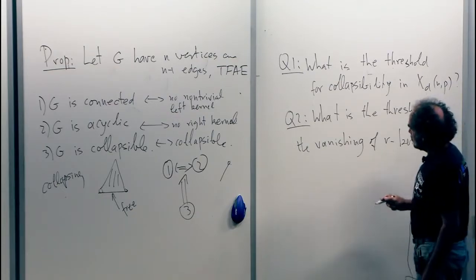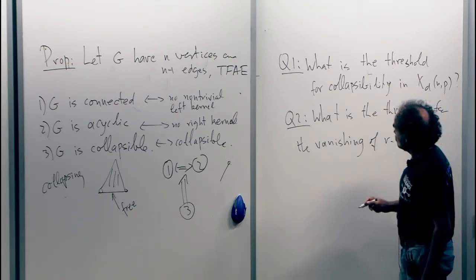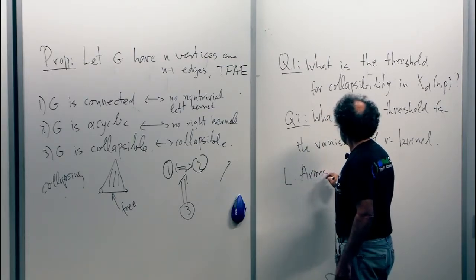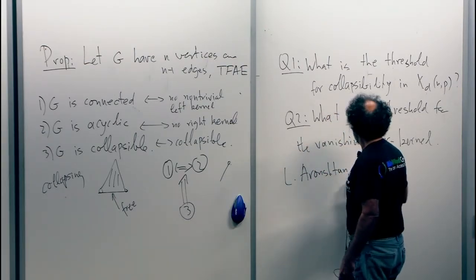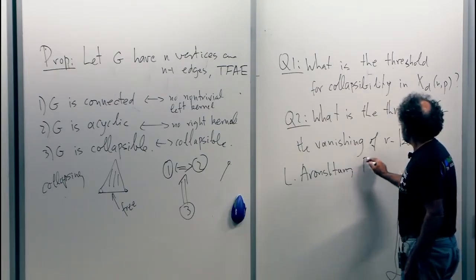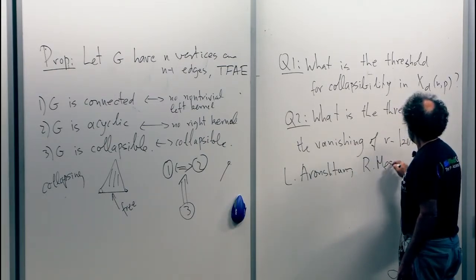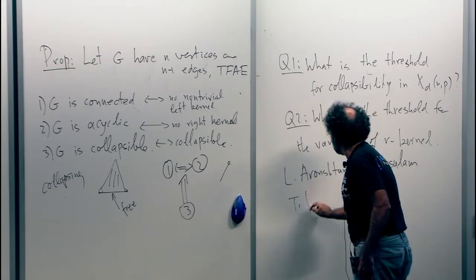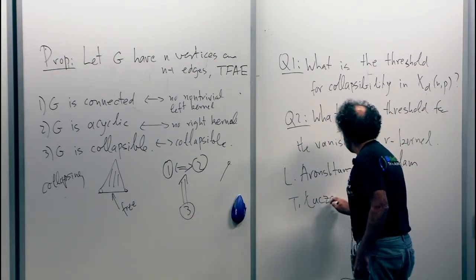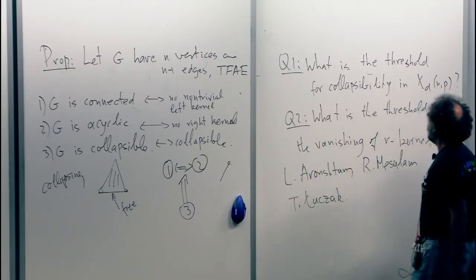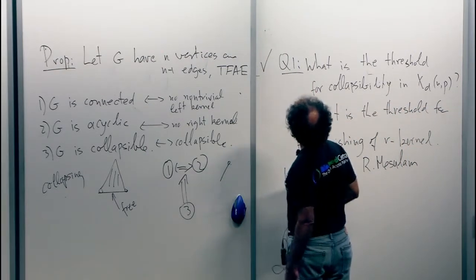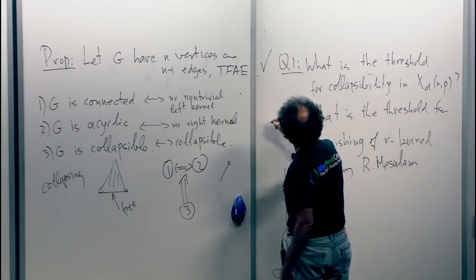Okay, so these are things that I studied together with my student Lior Aronstam, with Roy Meshulam, and with Tomasz Luczak. So this question we got completely. We know the answer to this.